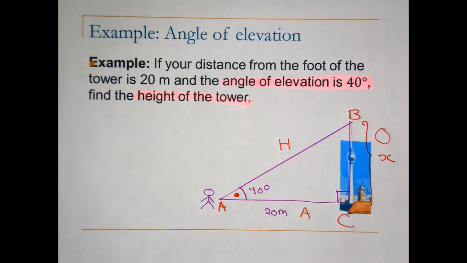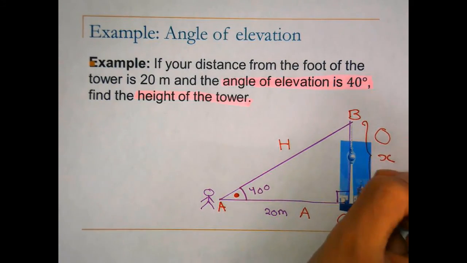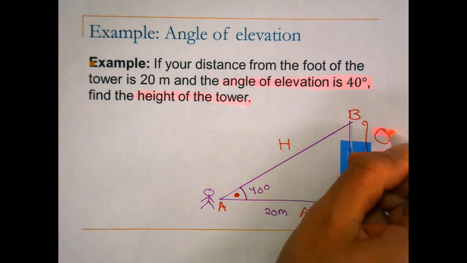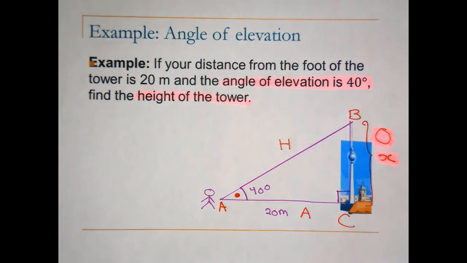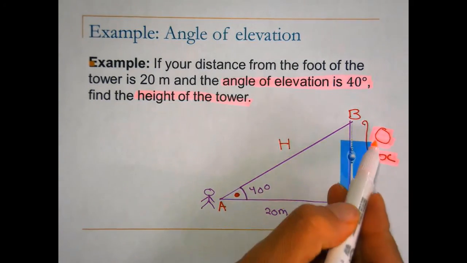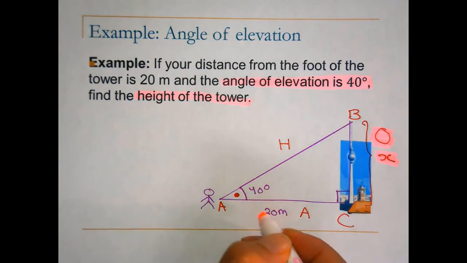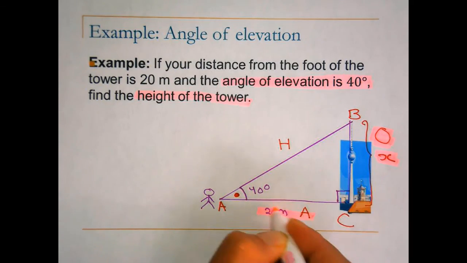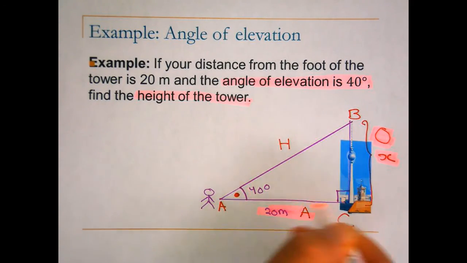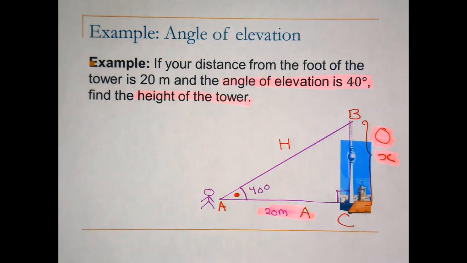And now, what we want to find is the height of this tower, which is considered the opposite side, and what we have is the distance between the person and the tower, which is the adjacent.